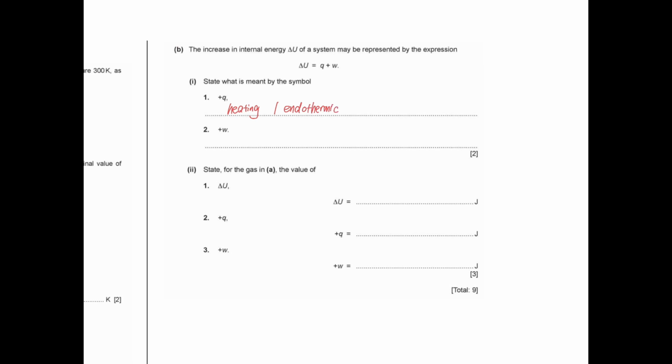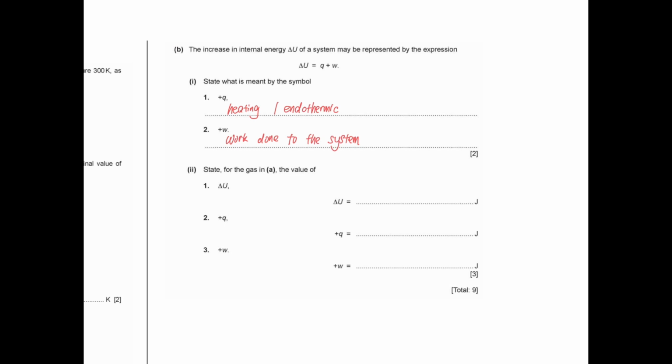Positive W is work done to the system, like the atmosphere pressing on the solid, liquid, or gas.